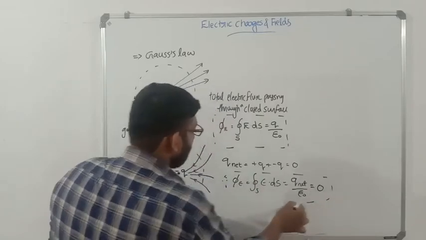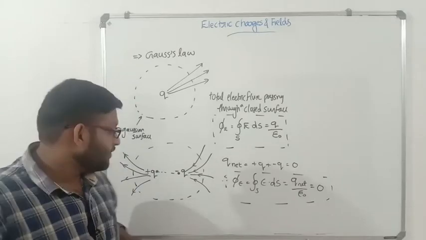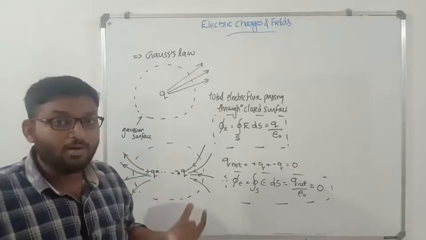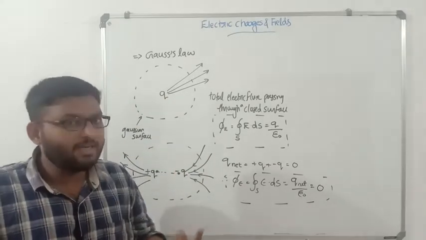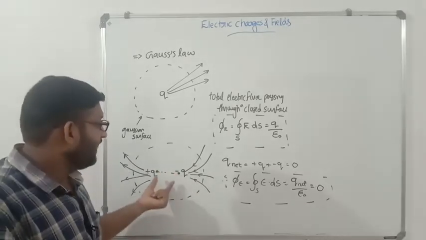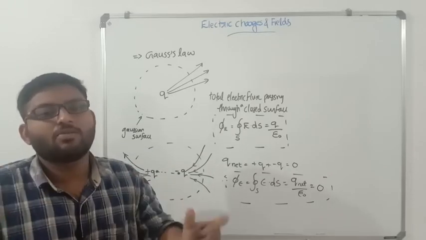So guys, according to Gauss's law, we can say that the net flux associated with an electric dipole which is enclosed by a surface is always 0. Again I repeat, the net electric flux associated with a dipole which is enclosed by a closed surface is always 0.